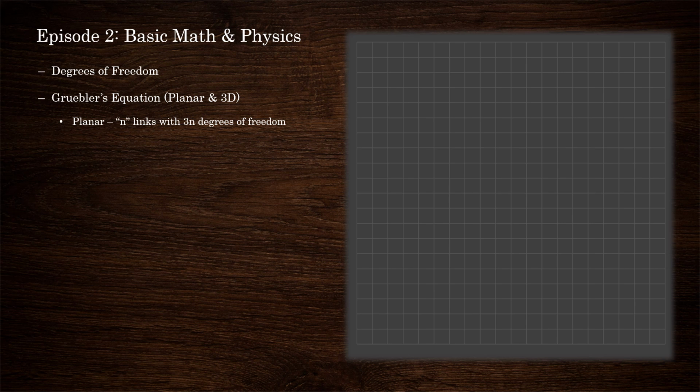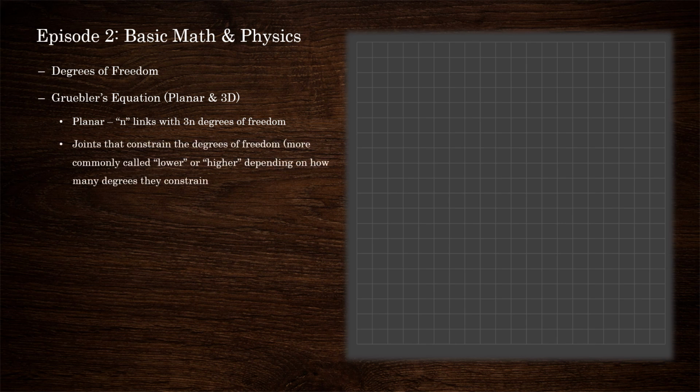So if I have a link like that, and another link like that, that's 3 times 2, right? That's 6 degrees of freedom. But as we mentioned, I'm going to go ahead and draw it again. So now this has 3 plus 1, 4 degrees of freedom.